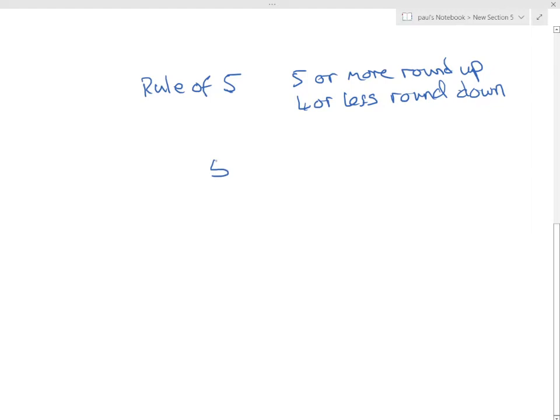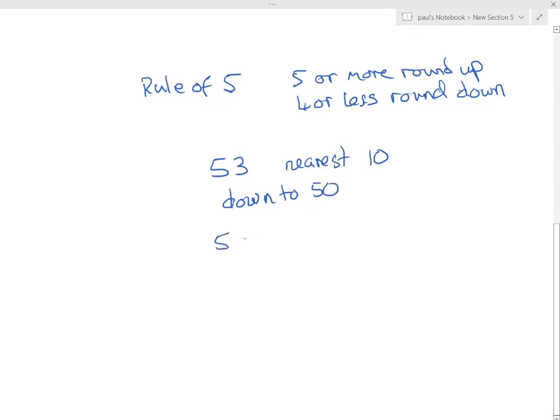Say you've got 53 and you want that to the nearest 10. It's either going to be 50 or 60. Now the 53, 3 is less than 5, so you round down to 50.